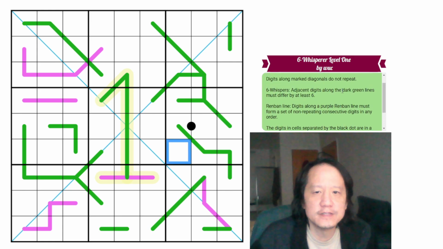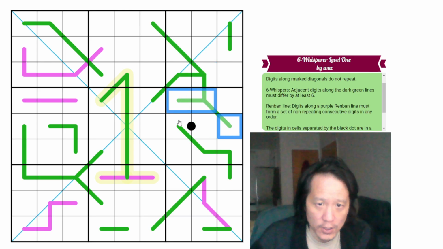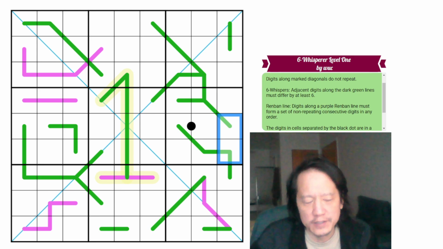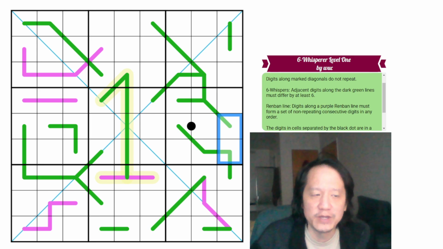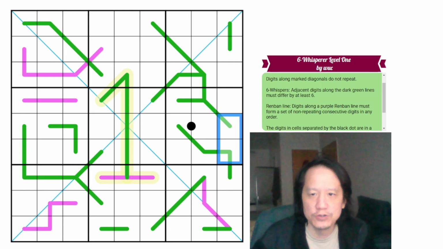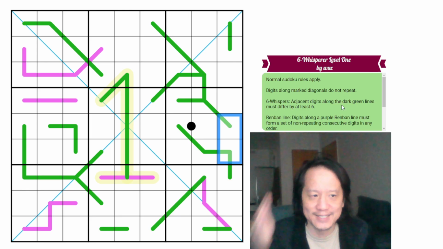On the 6 whisperer lines. On German whisper lines, I've said before in other puzzles that you can never have a 5, because 5 is 5 away from 0 or less, which is obviously not a normal Sudoku digit, and 10 or more, which are obviously not digits.